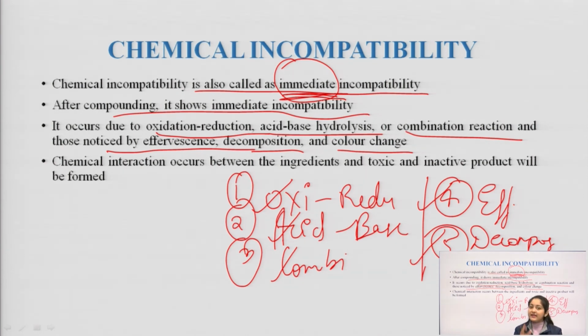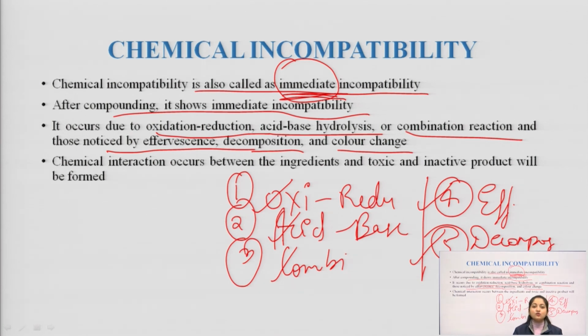So, it is a clear indication that there is some sort of incompatibility happening in the formulation or in the dosage form. So, this gives us an idea that yes, we have achieved an incompatibility in our formulation. Now it is time for us to check at what stage the incompatibility has occurred, because we are very well aware that chemical incompatibility is an immediate incompatibility, and it hardly takes any time to occur.